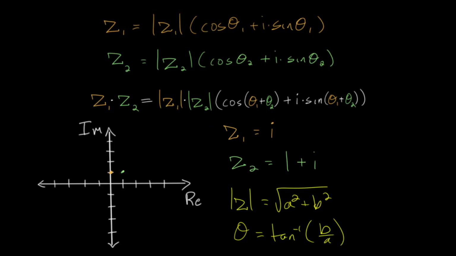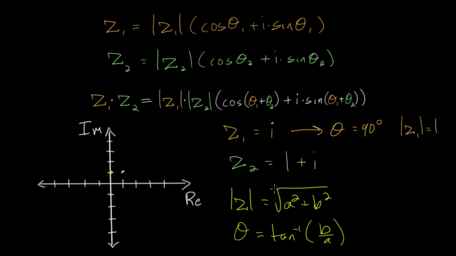For z1, we actually can't use the formula for the angle since we would end up dividing by 0 with its real part being 0, but we can see that its angle here is 90 degrees. And its magnitude is 1 unit away from the origin.